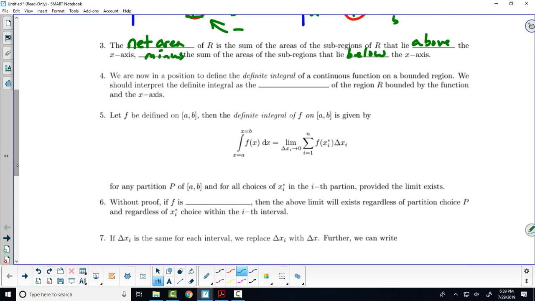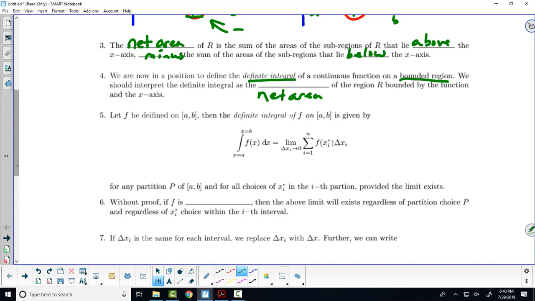So we're now in a position to define the definite integral of a continuous function. As opposed to in 4.9 where we defined the indefinite integral, we're now ready to define the definite integral of a continuous function on a bounded region. We should interpret the definite integral as the net area of the region R that's formed by that function and the x-axis.